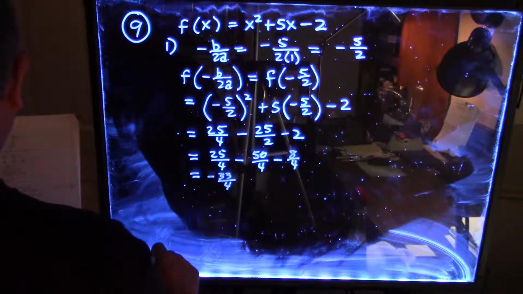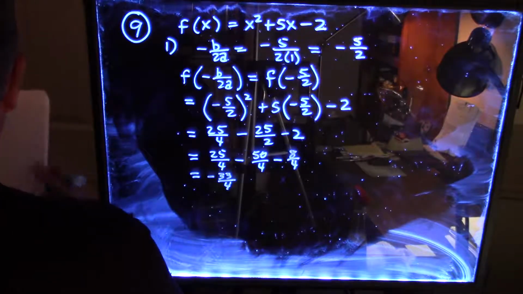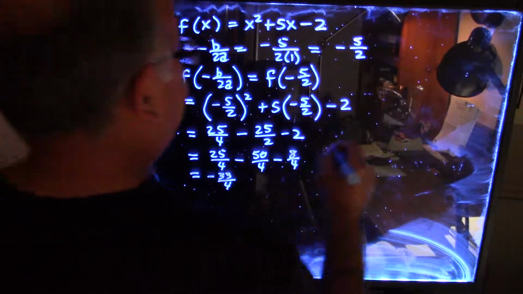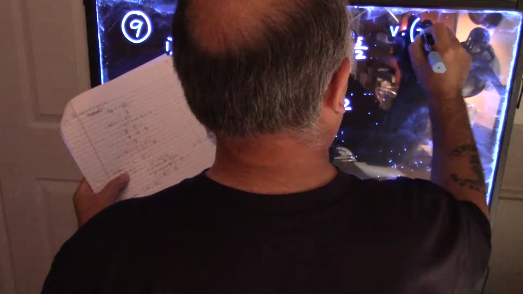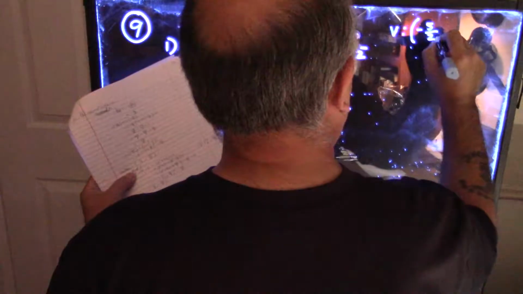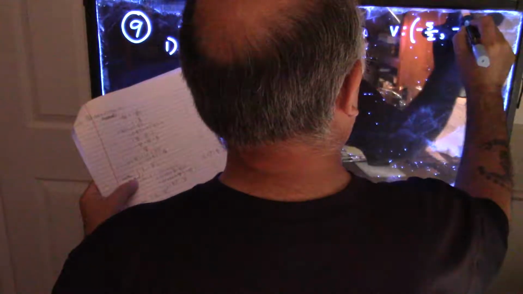So then we have to give our vertex. The vertex, call it V, is negative 5 halves and negative 33 fourths.